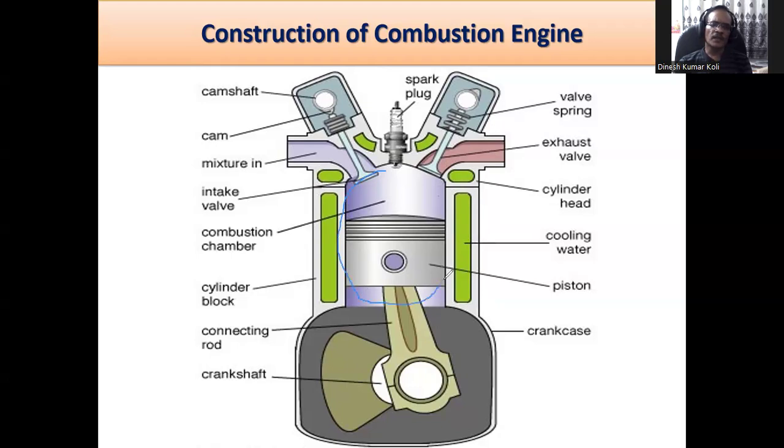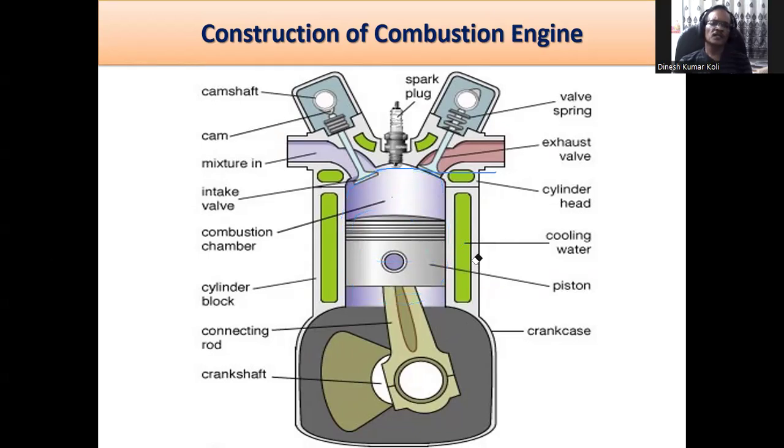Actually, this is the chamber where the combustion takes place, and this part is called the piston, and this piston reciprocates within this chamber. The top side is known as the TDC, and the bottom side is known as the BDC, bottom dead center. So the piston reciprocates within these two boundaries, TDC and BDC.